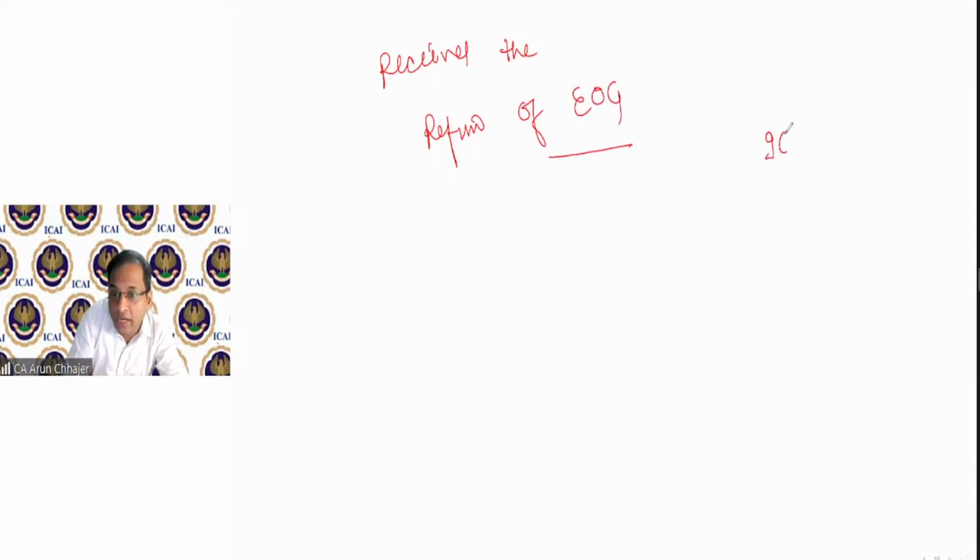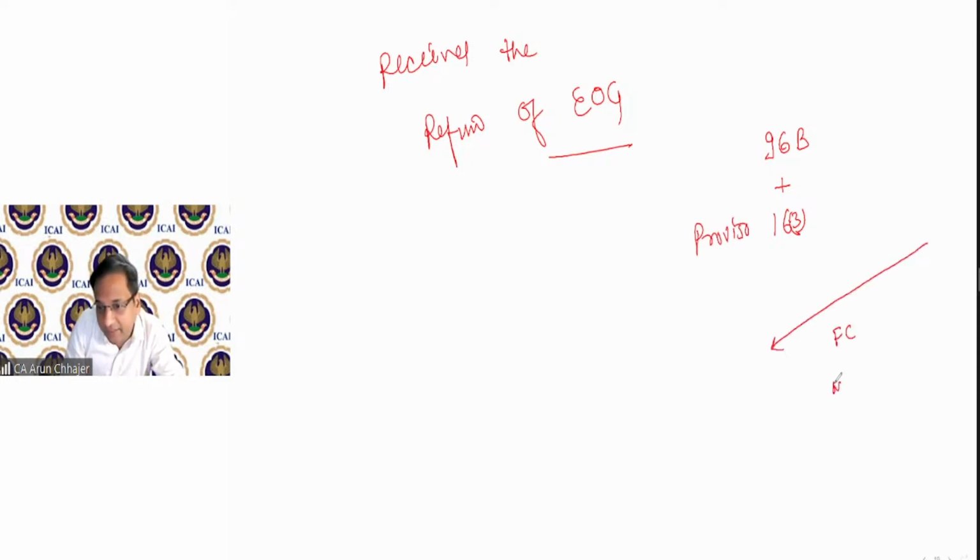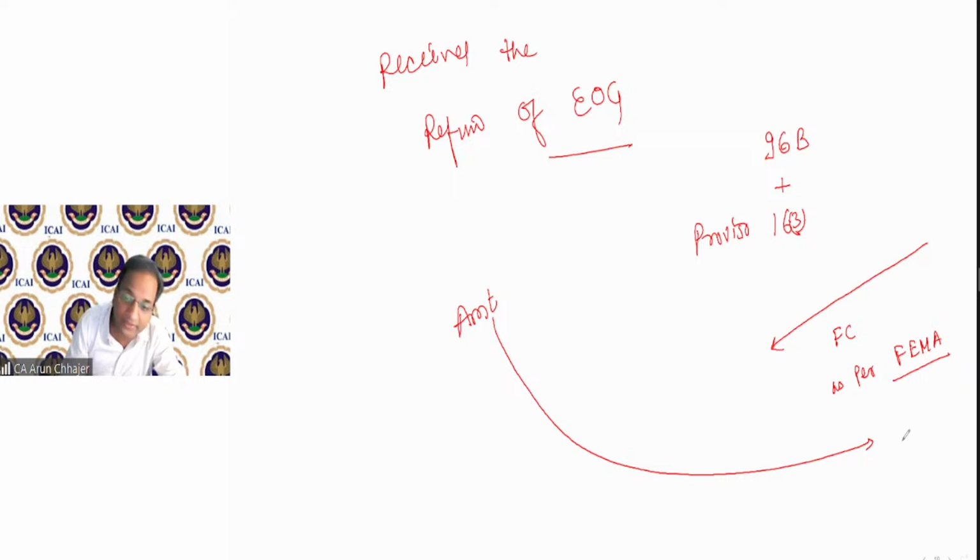Then Rule 96B, read with the proviso to Section 16(3): if the foreign currency is not received as per the FEMA time limit, the amount of the refund has to be paid back to the government along with interest.